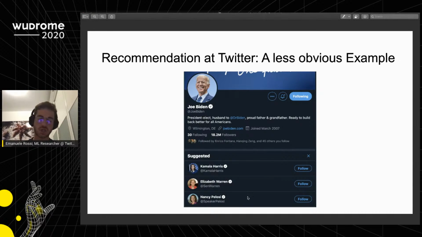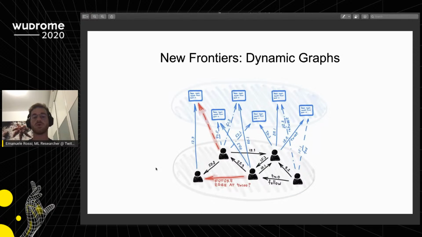So we're using machine learning to do this, and now we're actually trying to use graph machine learning to improve over this. After this application, I would also quickly like to mention some new frontiers. As I mentioned, graph neural networks are quite recent, probably 5 years old. But some of the new frontiers in this domain involve what are called dynamic graphs.